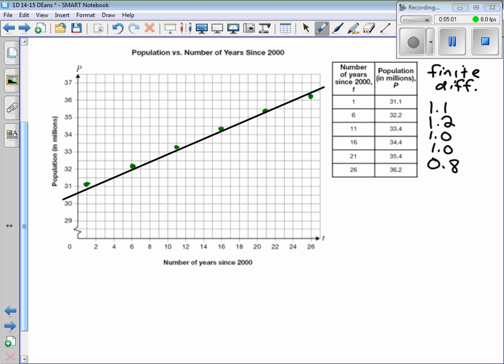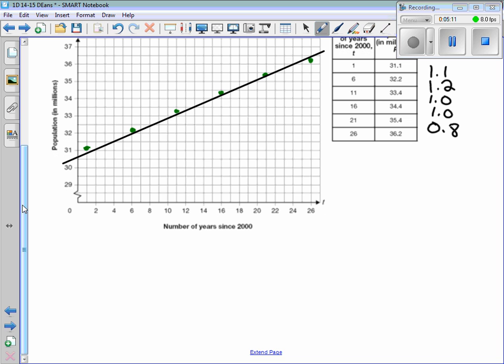So now given that this is a linear relationship, we want to come up with an equation for it. And we know from all of our work in Unit 12-13 what that equation is going to look like. It's going to be the equation of a straight line, with the form y equals mx plus b. Only we don't have y and x in this question.